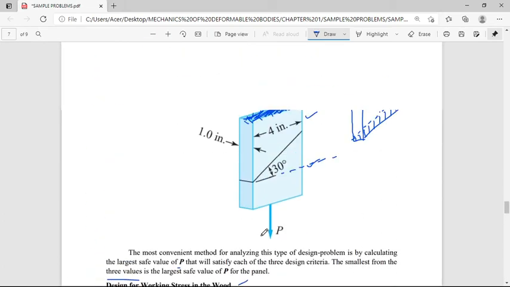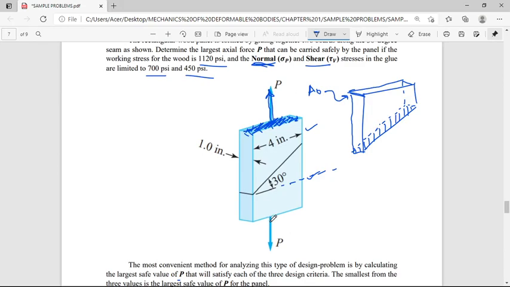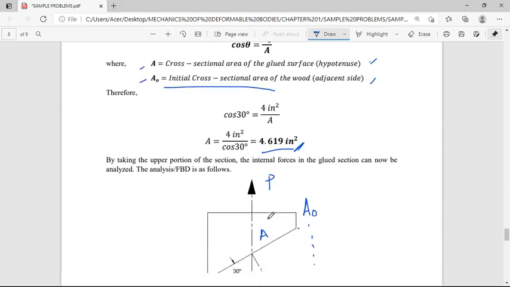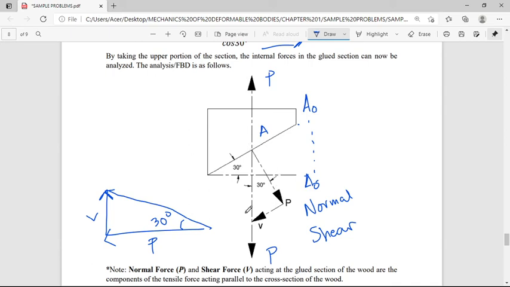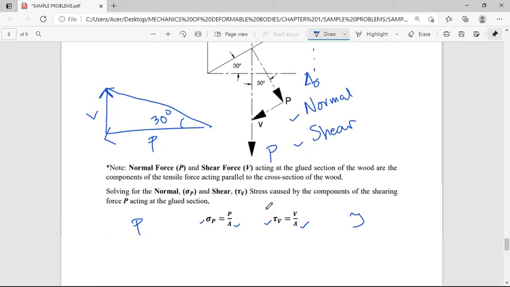Okay. So, going back, this force P has components that you can see here in the glued portion of the wood. And they are the normal and shearing force that we showed here in the free body diagram.